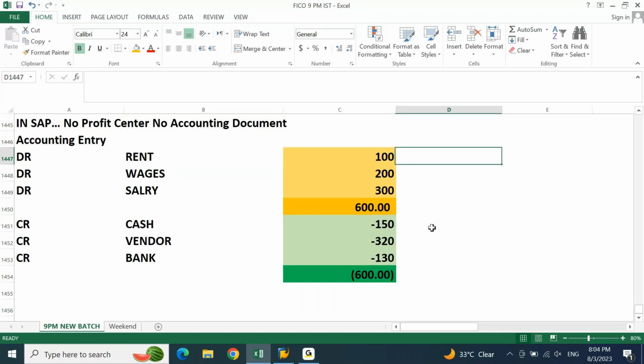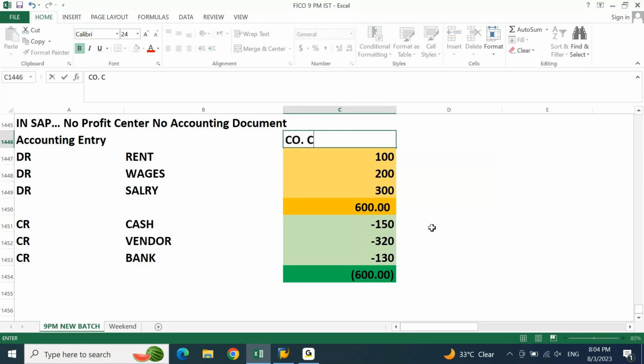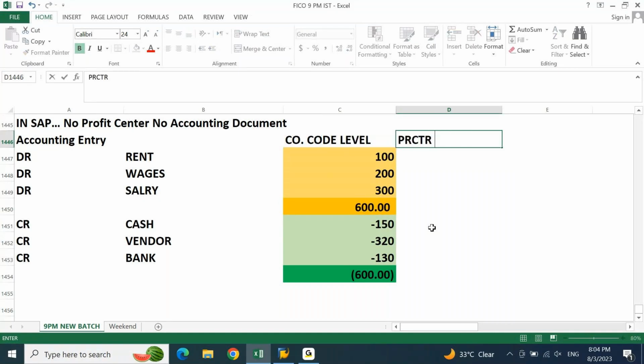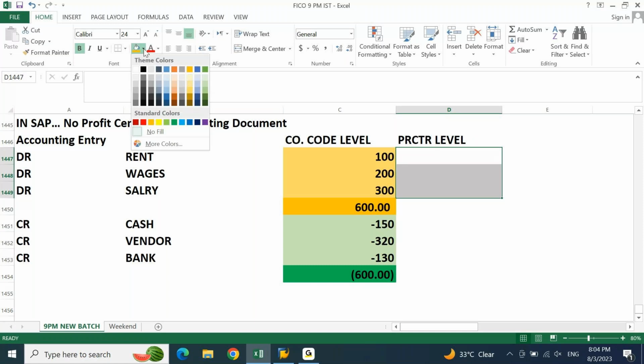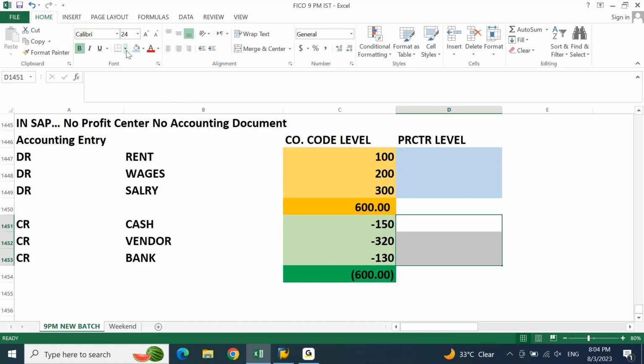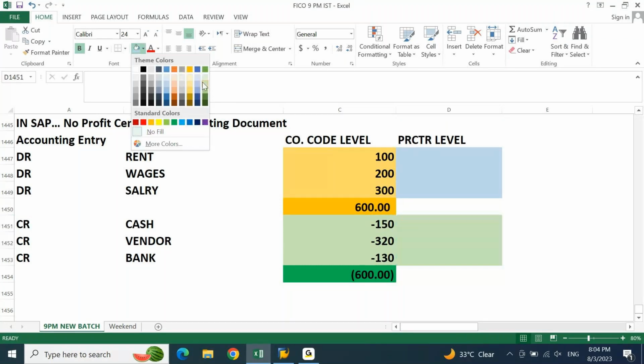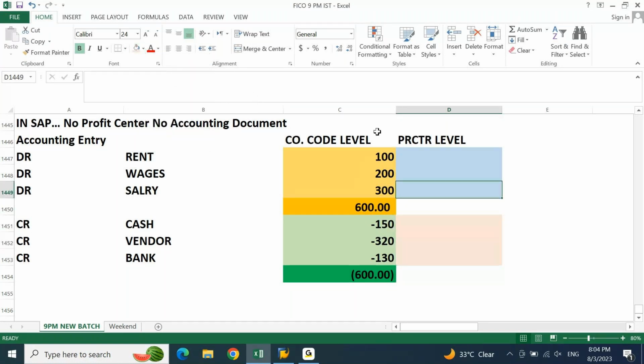Second level check is at profit center. Now this I'll say is at company code level. Next one I'll put profit center level. When I try to put at profit center level, now here we need to make sure what is the profit center assigned to this.